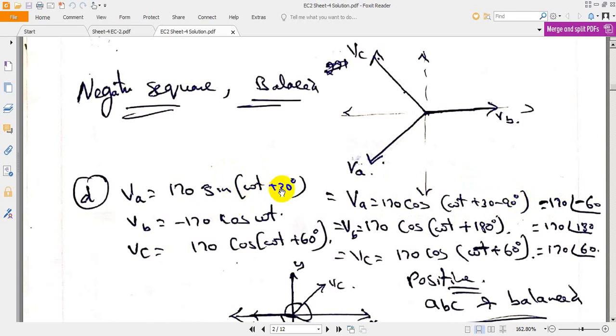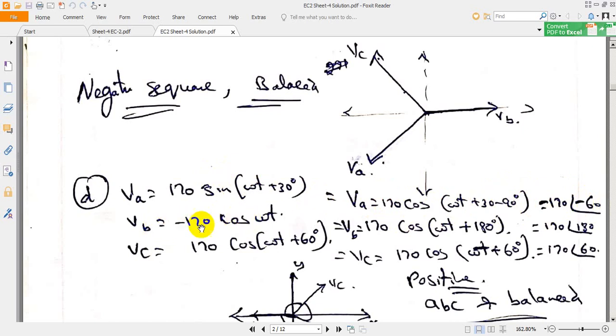Hence sine 30, if you want to convert this sine into cos, we add minus 90. So this can be written as 170 cos of omega t minus 60. Hence, I can write it as 170 at an angle of minus 60.